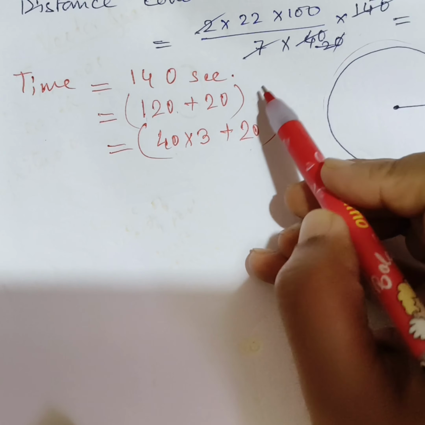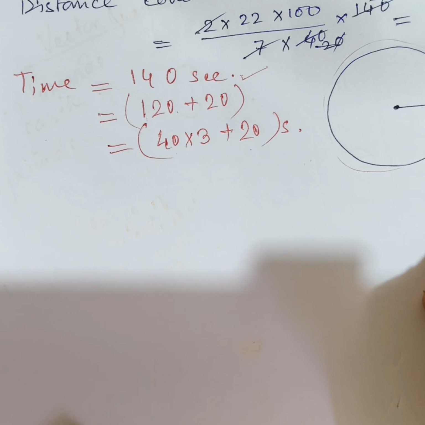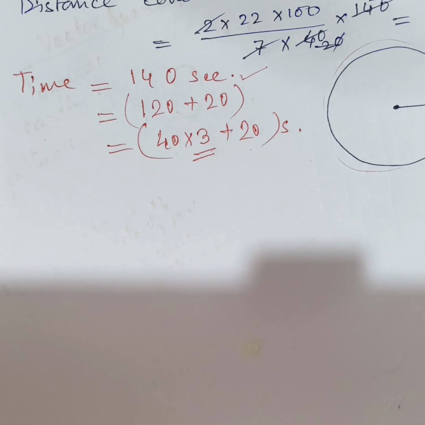So you have to determine in this 140 seconds how many times the athlete went round the circular track. So you find how many times? 3 times. That means the athlete completed this circular track 3 times, and then he also moved for 20 more seconds.